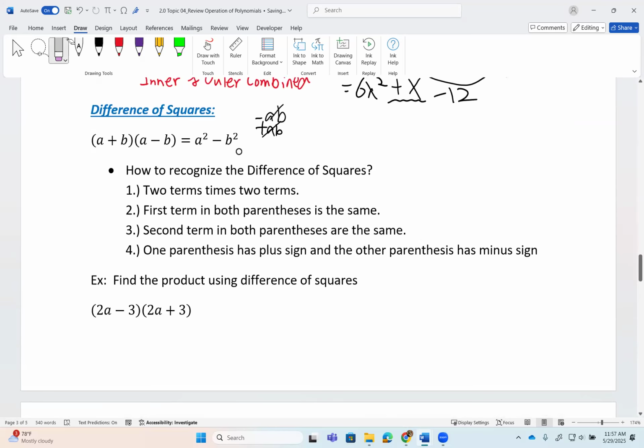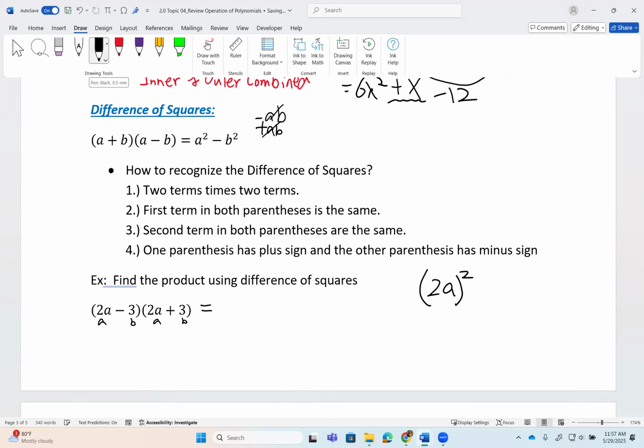Okay, your first term in both parentheses is 2a. So this is like my a and a. The second term in both parentheses is 3. One parenthesis has a plus sign, one has a minus sign. So this is a typical difference of squares problem. The difference of squares says take your a, 2a, whole thing squared. What is 2a whole thing squared?